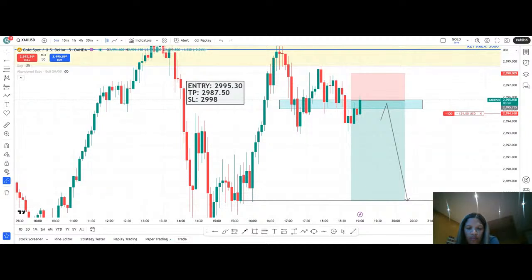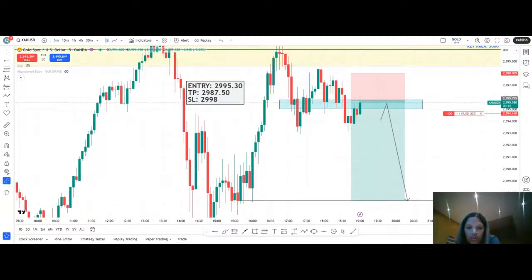So if price comes around 2998, then the setup is invalid. We know we are strong bullish on gold, so I am taking into account the trend setup. Hence the 2998 stop loss, because I understand that the market's overall structure is bullish.